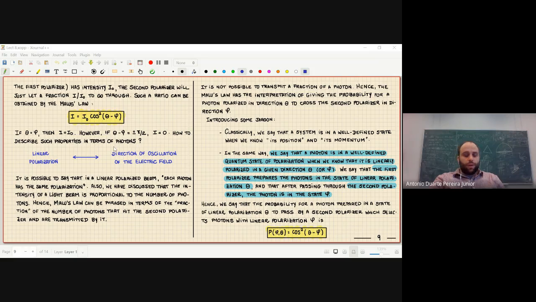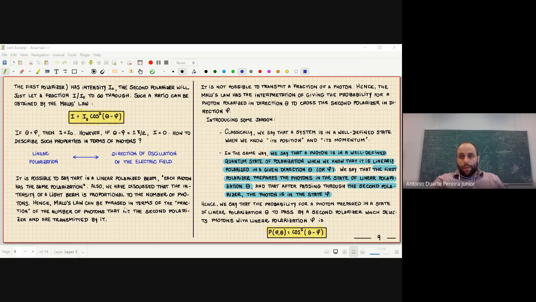After the first polarizer, I will have some amount of photons, but after the second polarizer, I will have a new amount of photons, I, and I divided by I naught is the fraction of photons that were transmitted by the second polarizer.